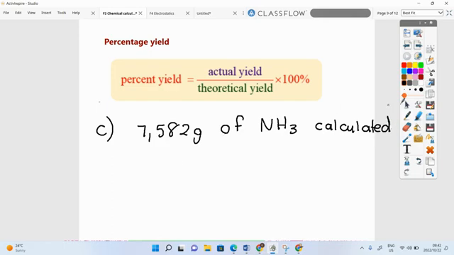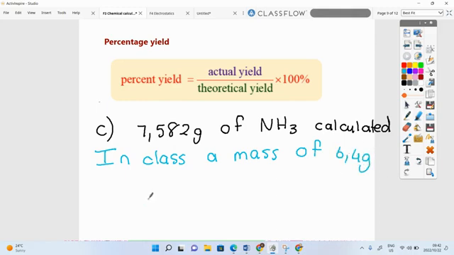Then the question is going to come at you and it's going to say, in an experiment or in class, Tyrrell did this experiment and he got a mass of 6.4 grams. Now, was that what he was supposed to get?